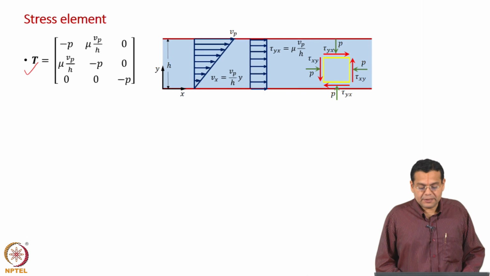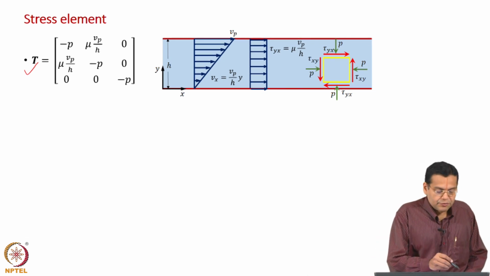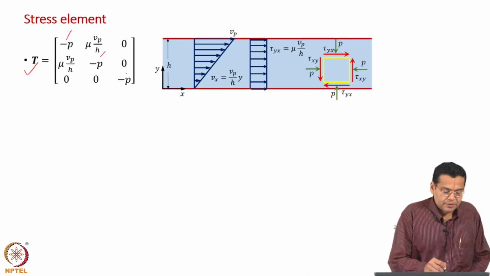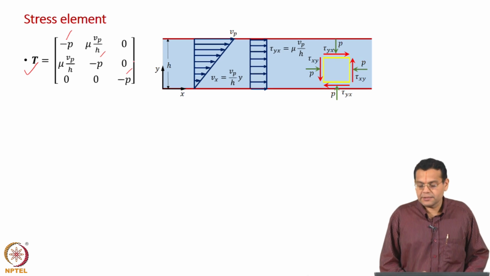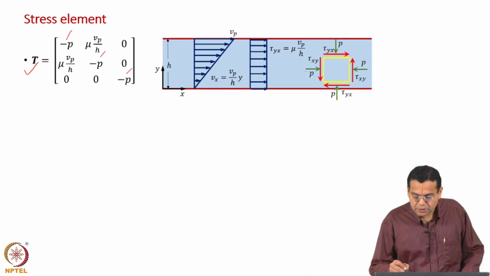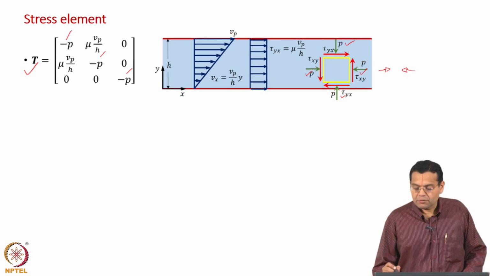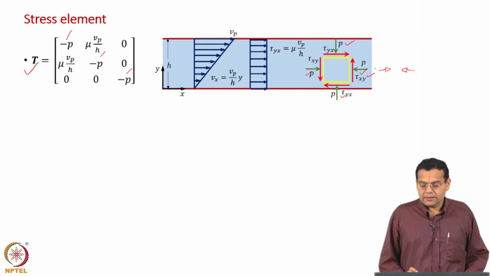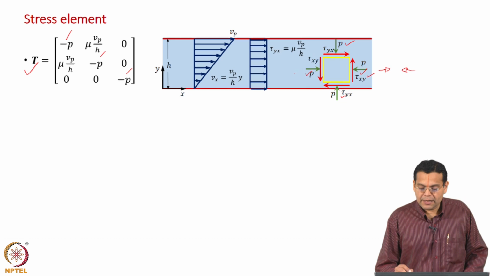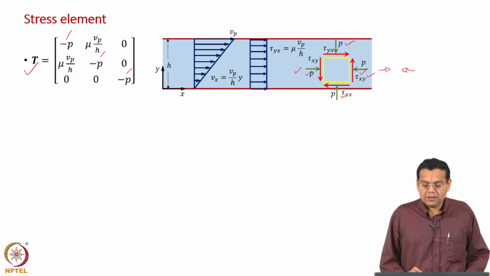If you look at the normal stresses, we have only pressure as a normal stress and it is compressive. So, we represent it as compressive forces, and that is why the arrows are towards each other. On a positive face, the force is towards the negative x direction. On a negative face, the force is towards the positive x direction, similarly in the y direction as well. That represents the compressive pressure forces.